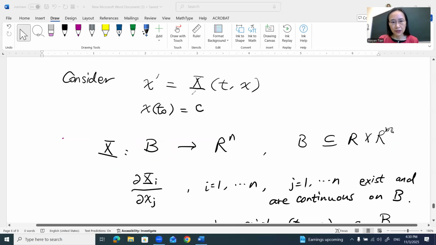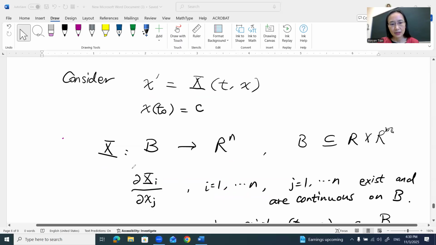And the partial derivative of each component of the vector field. Suppose this is the ith component, because x is an n-dimensional vector and this capital X is also in Rn, because they should match. So i means the ith component, and i goes from 1 all the way to n.